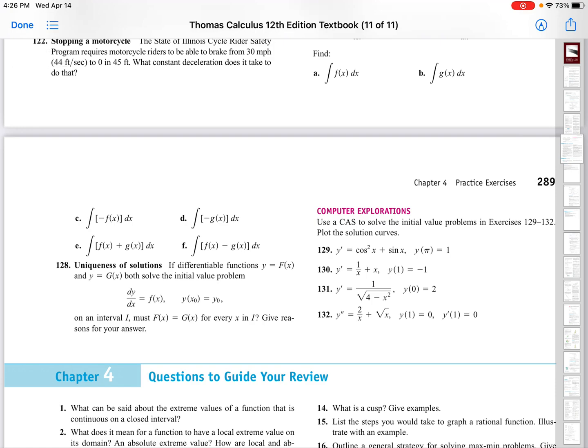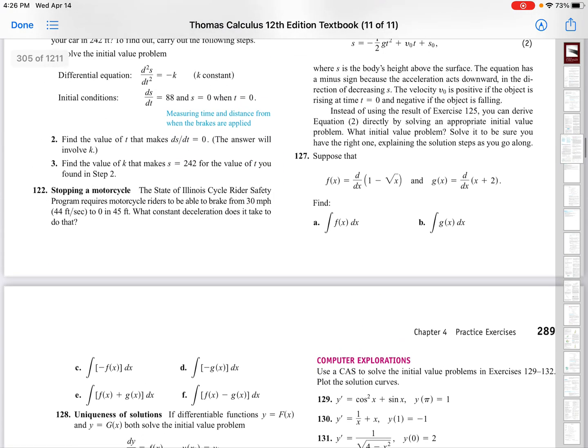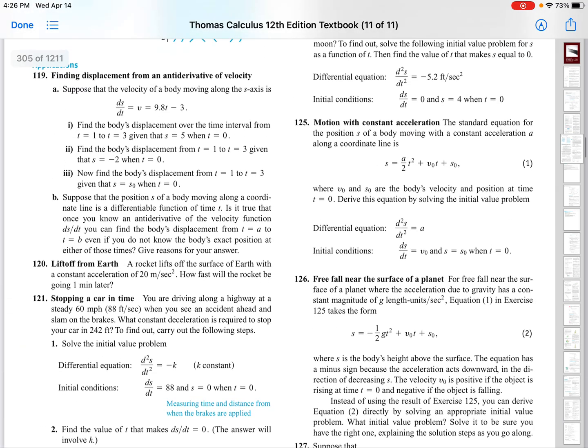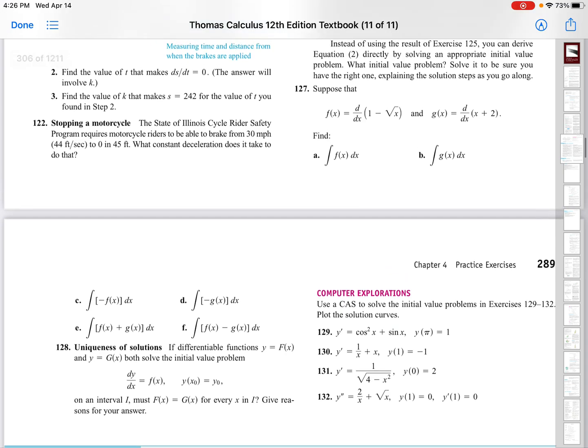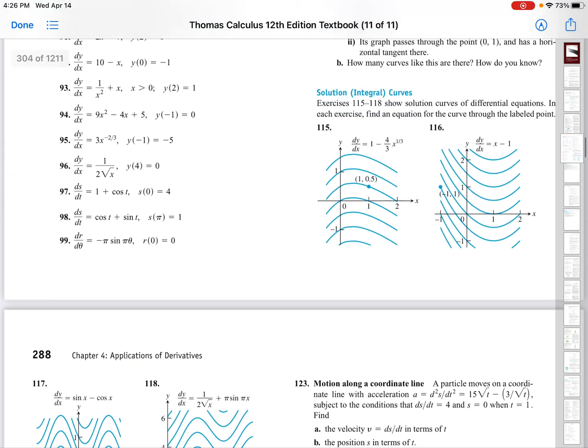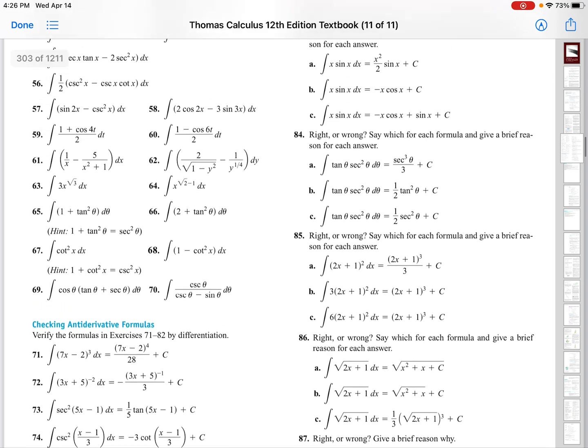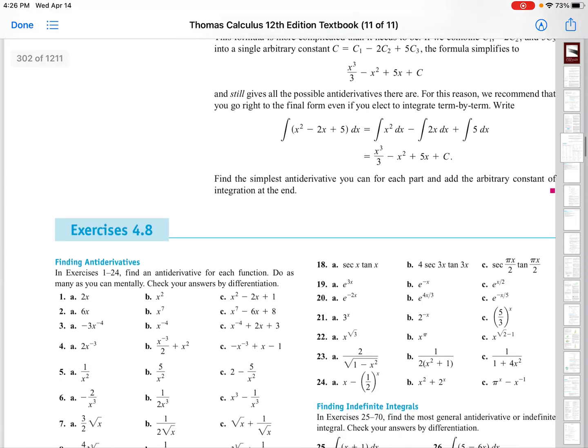Okay, it's one of the biggest sections I've ever seen in this book. So I'm going to assign all 132 problems for Monday. Just kidding. It'll be about 10 from here, and we'll do some of them in class on Friday. All right, see you in a minute.